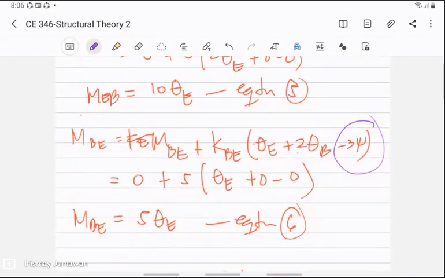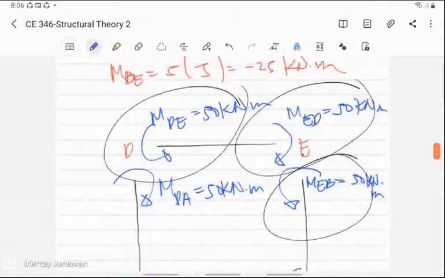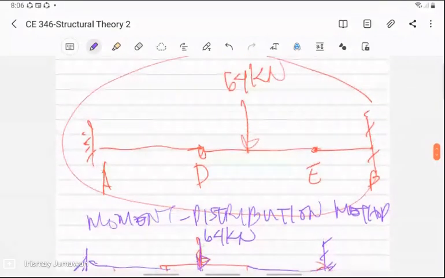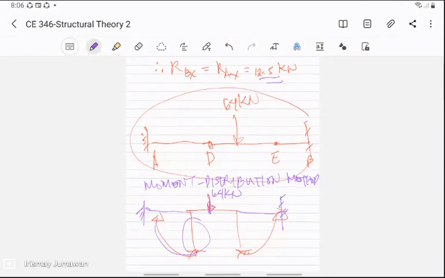Okay? Questions? You can solve this. It is the same as the beam when you use the distribution method. It is like solving a beam, you just stretch out your member.